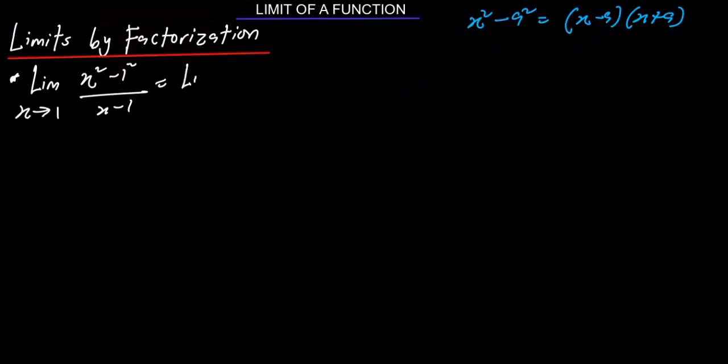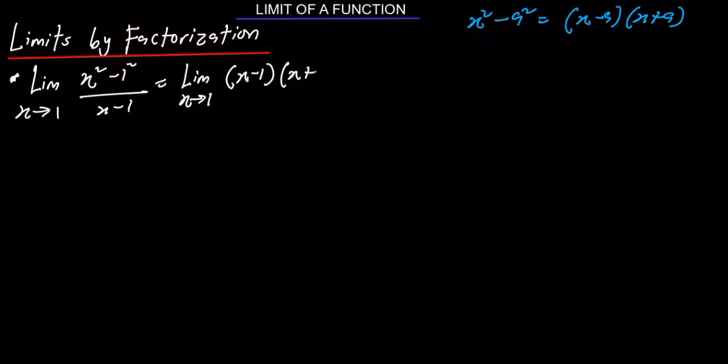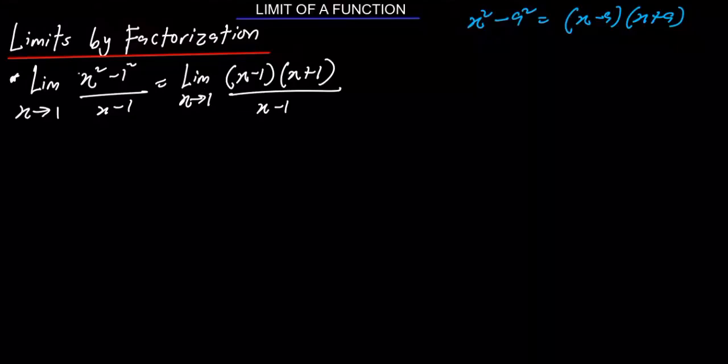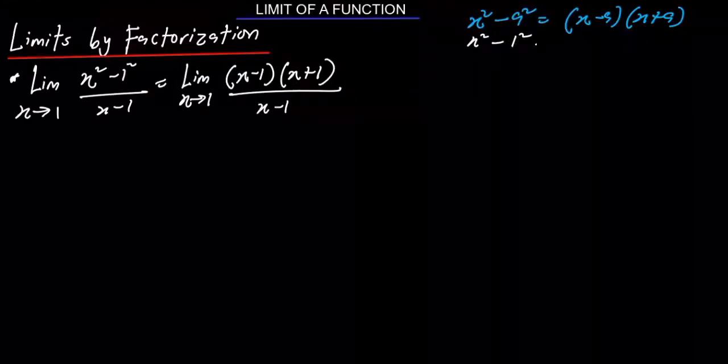Then I'll have the limit as x tends to 1. Apply it, you have (x minus 1)(x plus 1) over x minus 1. Observe what you have here: x squared minus 1 squared, just like x squared minus a squared, so your a is 1, and you have x minus 1, x plus 1. That's just the identity. So what happens?